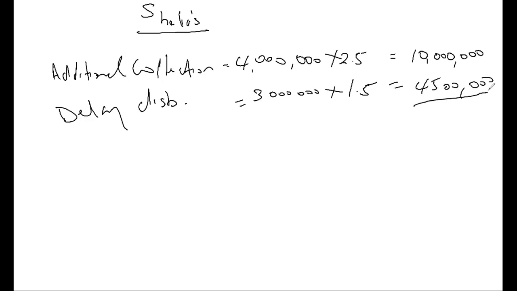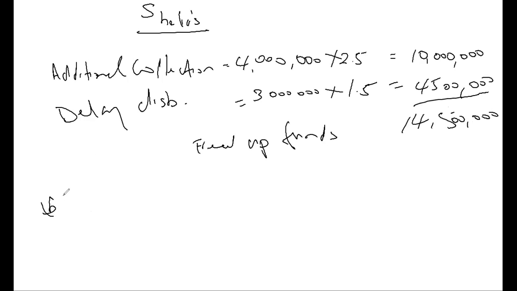So that 14.5 million would be the freed up amount. Agree? Yeah. That would be the freed up funds. So that's all we're asked to do for A.